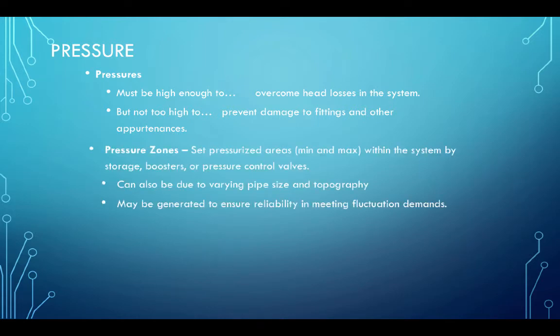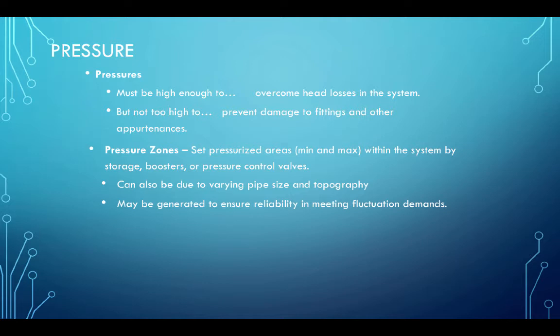Often municipalities use the concept of pressure zones, and so these are areas with min and max pressures within the system, and we adjust the pressure zones using storage, boost pumps, or pressure control valves. A lot of this can be managed with pipe size, and a lot of it's forced upon us by topography.